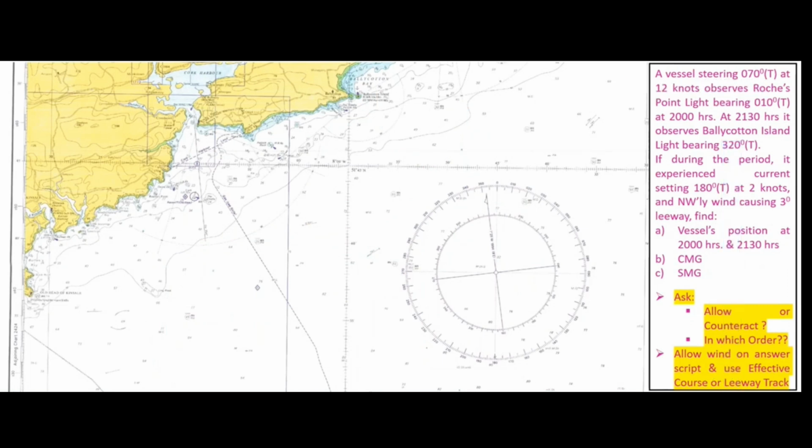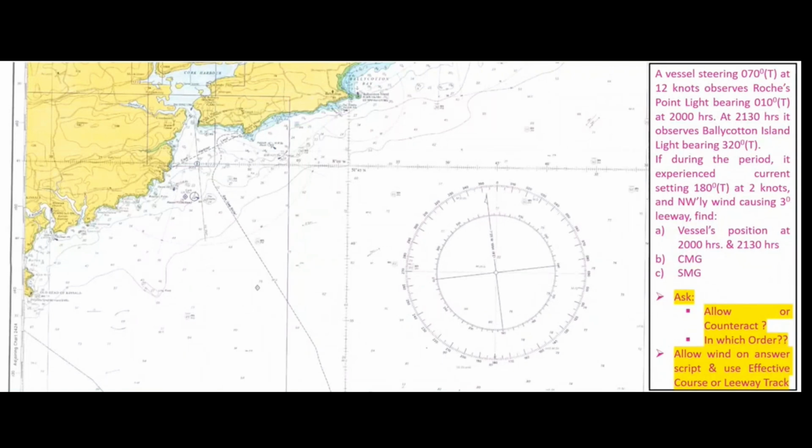Same vessel steering 070 degrees true at 12 knots, observes Roche's Point light bearing 010 degrees true at 2000 hours, and at 2130 bore 320 degrees true. During this period, the current was setting south as in the earlier case at 2 knots and a northwesterly wind causing 3 degrees leeway. Find the vessel's position at 2000 hours and 2130, CMG and SMG.